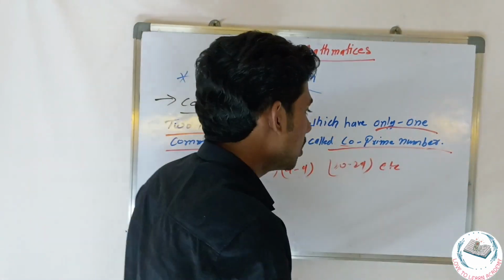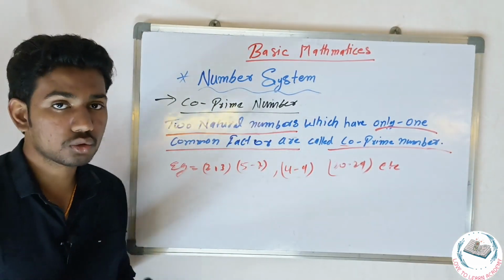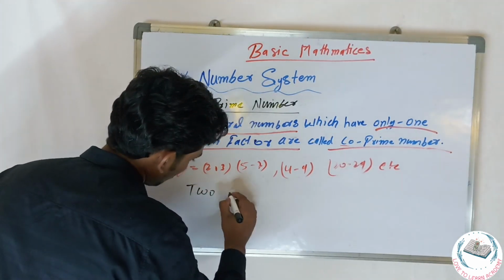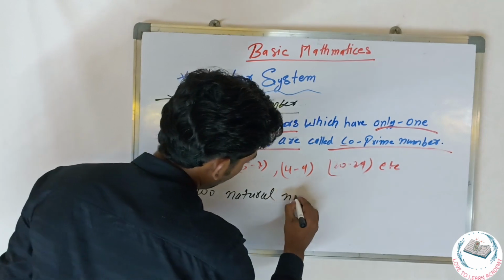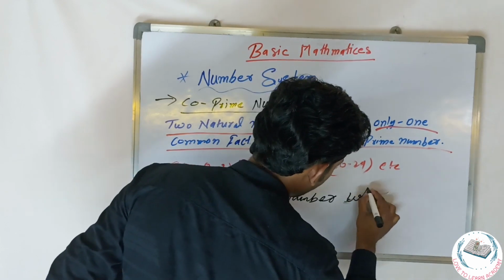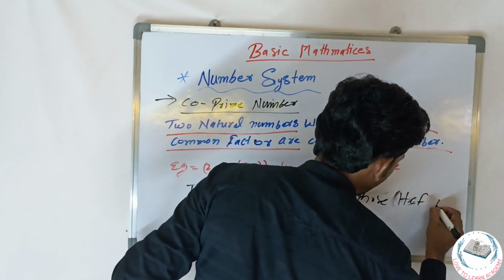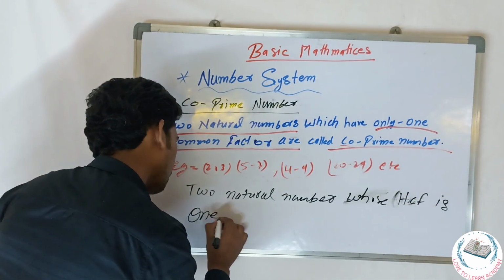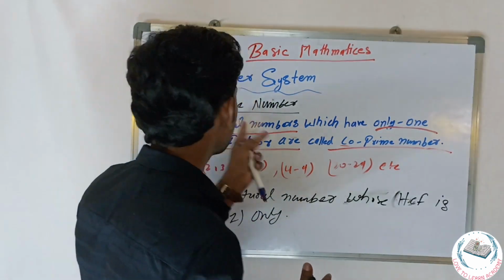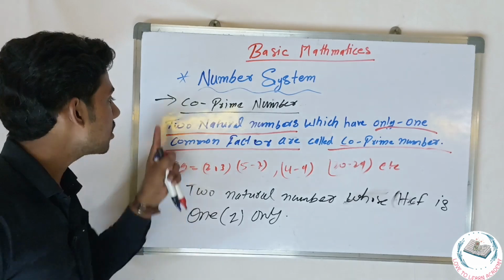I know you did not understand this definition, so in general language, two natural numbers whose HCF is 1, only 1, are known as co-prime numbers.